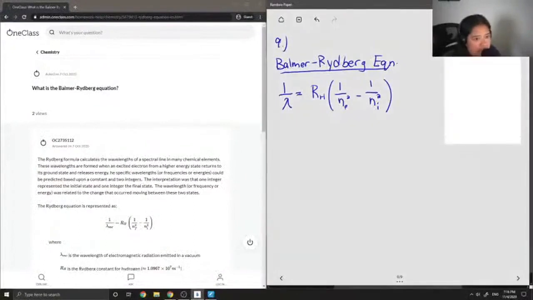Okay, so this is the Balmer-Rydberg equation. So lambda stands for wavelength, and the units are in meters.